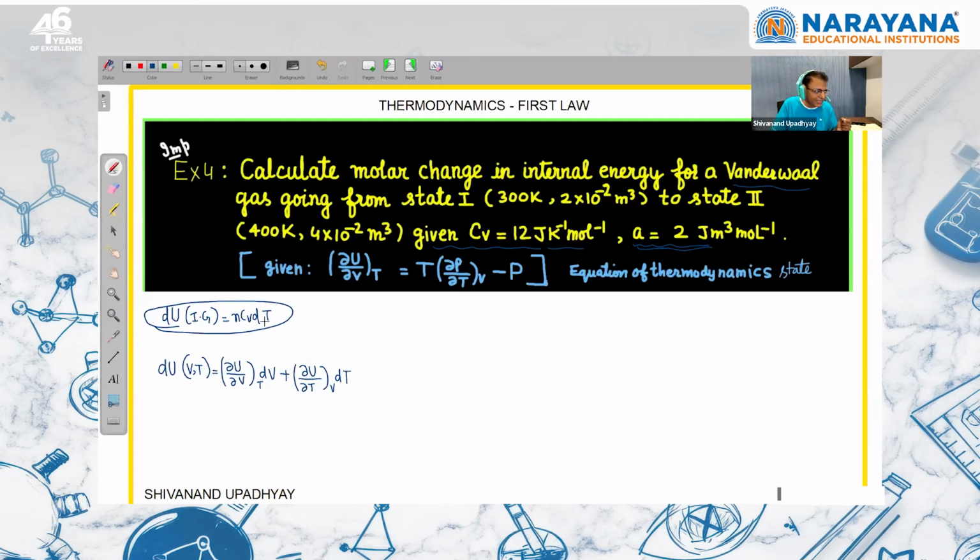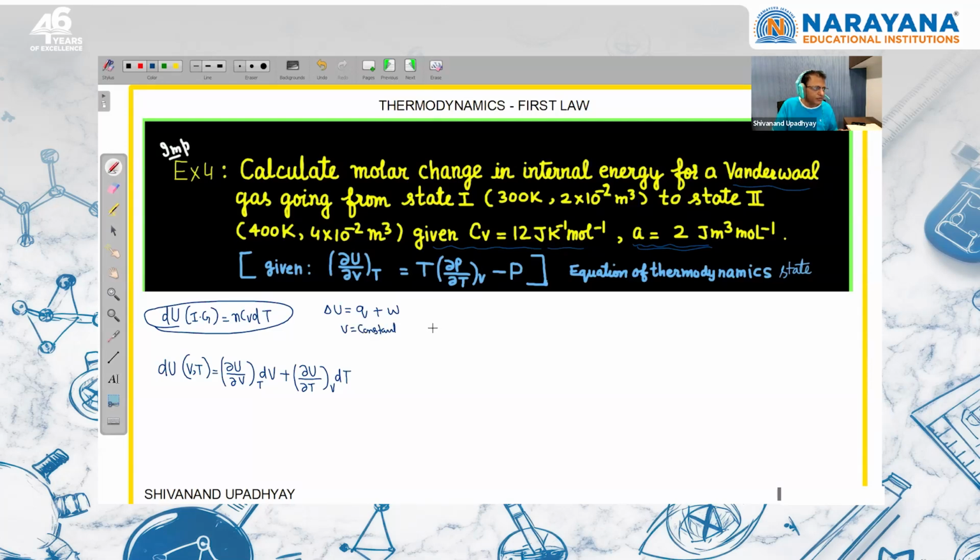We are saying that for an ideal gas, internal energy only depends on temperature. If temperature is constant, this whole term is zero. And for the change in internal energy with respect to temperature at constant volume, by using the first law of thermodynamics, we can write that delta U is equal to Q plus W. When volume is constant, work done will be zero.